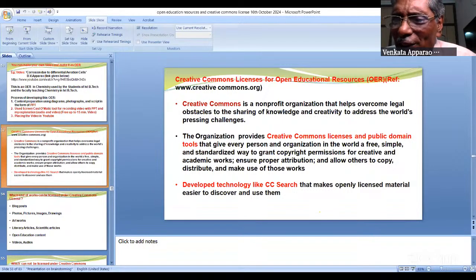Only then you can keep it in the library. You cannot even Xerox the book and keep it in the library. The author can sue you in the court of law. Whereas the book published under OER, you can directly download it, print it, put it in the library, distribute copies, simply give acknowledgement to the author of the OER. That's all.